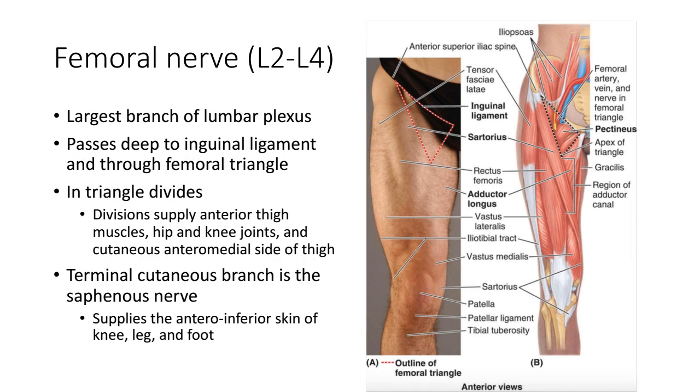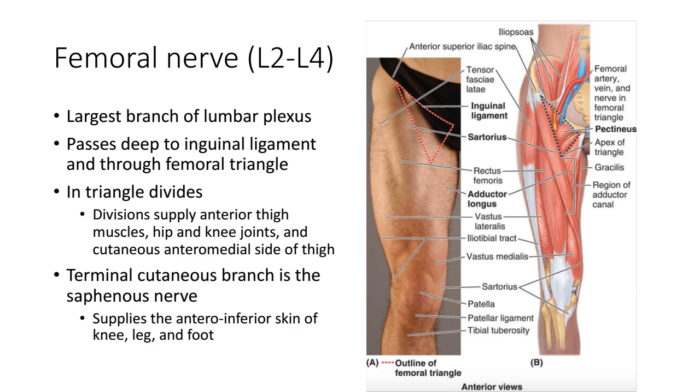The femoral nerve consists of spinal nerves L2, L3, and L4. It's the largest branch of the lumbar plexus. It passes deep to the inguinal ligament through the femoral triangle, and in the triangle it divides. The divisions supply the anterior thigh muscles, the hip and knee joints, and the cutaneous anterior and medial side of the thigh.